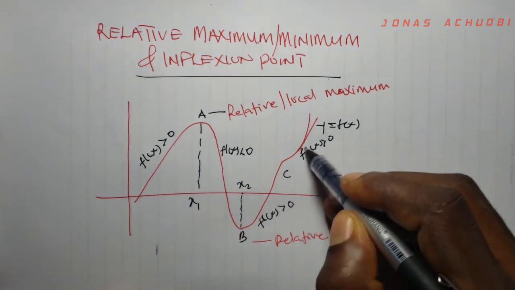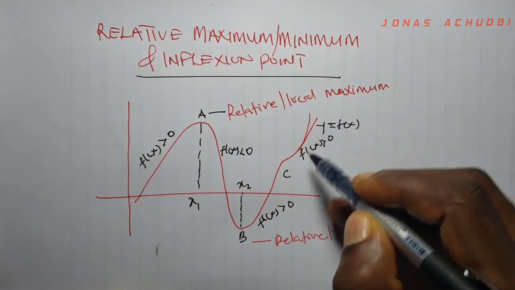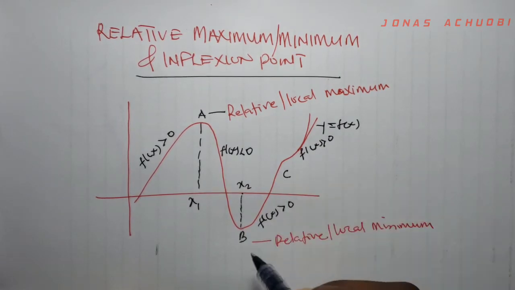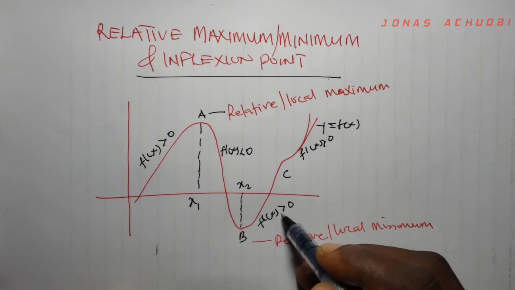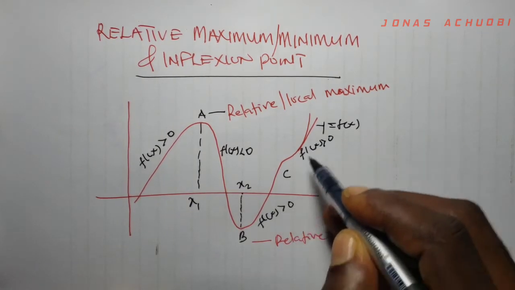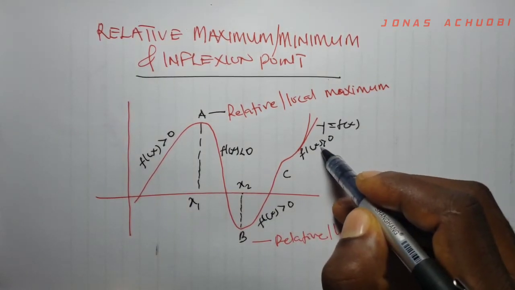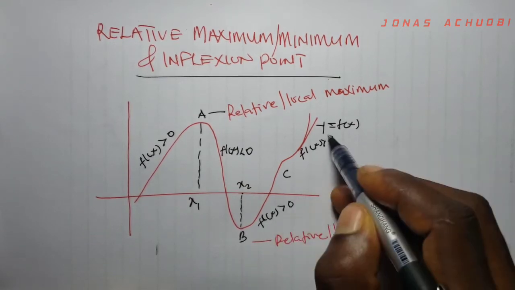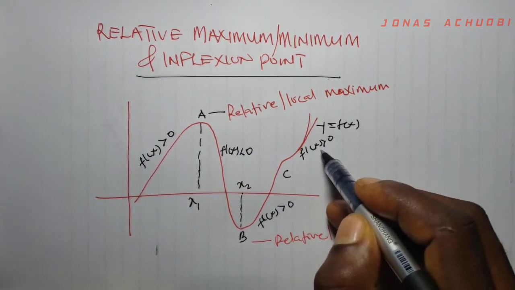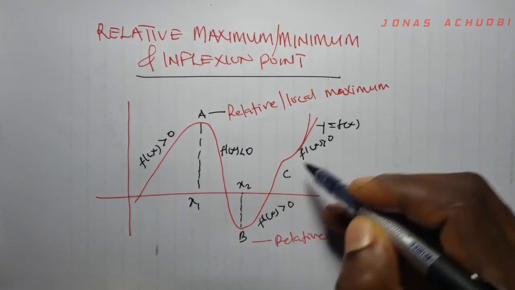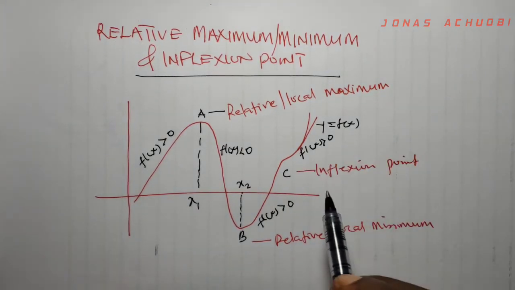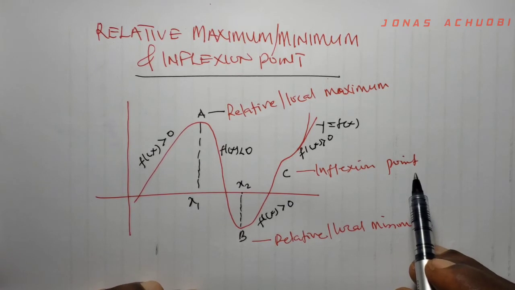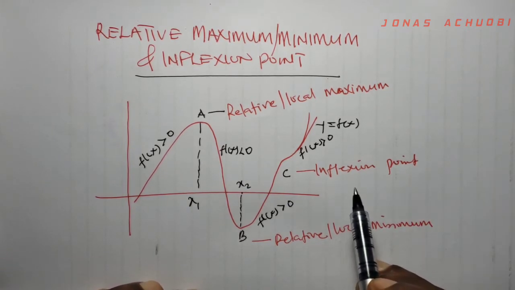The graph remains an increasing graph to the right of C and is also increasing to the left of C. So we observe that at point C, the left side, the sign is positive, and the right side of point C, the sign remains what? Positive. Therefore, there is no change in sign from the left of C to the right of C. So this makes C an inflection point, or what we call a point of inflection.